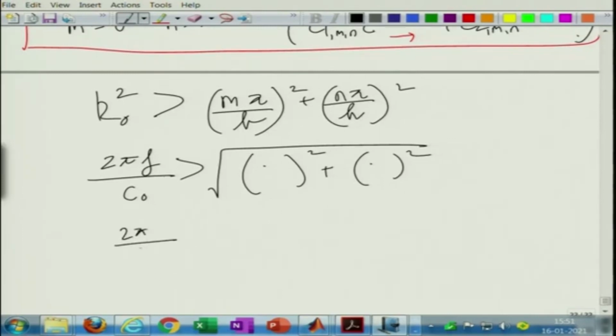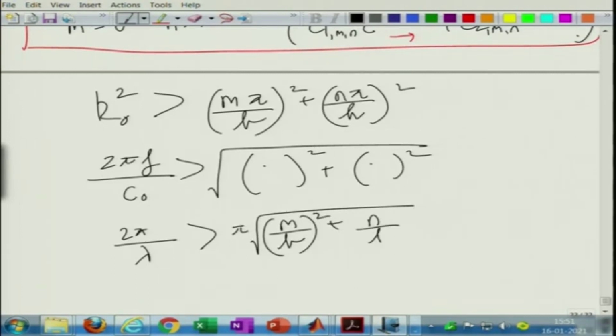So, here we are getting this in the denominator, and remember we can take the pi common and get m by b whole square plus n by h whole square. So, these will get cancelled, and we will eventually get the following relation.